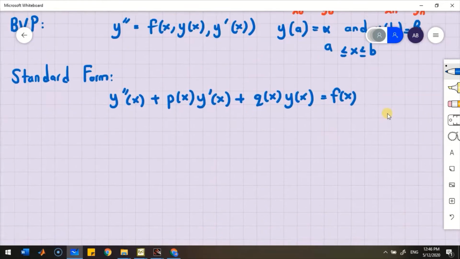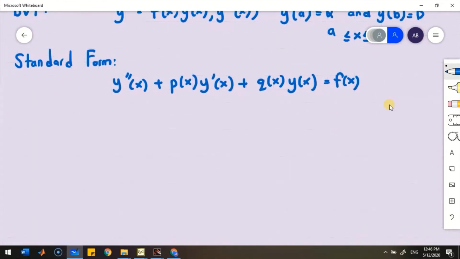This is a standard notation for the second order boundary value problems, because the conditions are given at point a as alpha and at point b as beta. This is my x naught, this is my xn. This boundary value problem has a unique solution if p of x, q of x and f of x are continuous in the interval a, b, and q of x is less than or equal to 0 on the interval a, b.